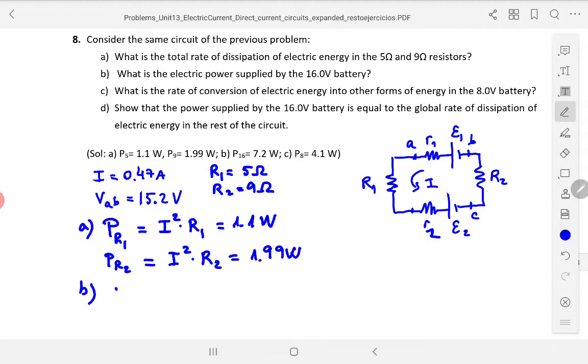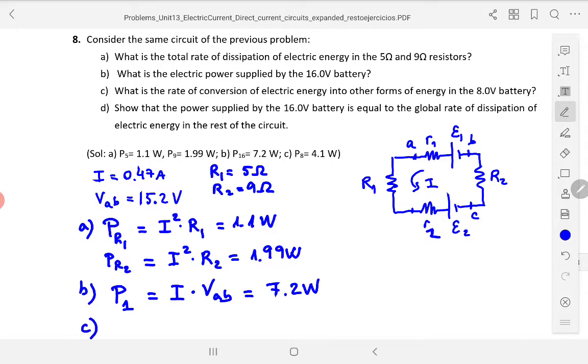So the power supplied by the first battery, I'm going to call it P1, is going to be equal to the intensity that flows across the battery times the increase of potential between points B and A. This is VAB, which we already had calculated. So if you do this calculation, the total power supplied by this battery is going to be 7.2 watts.